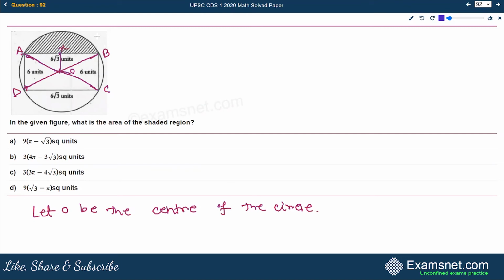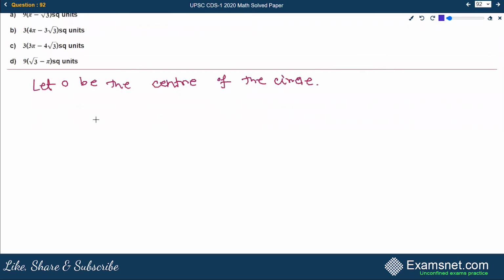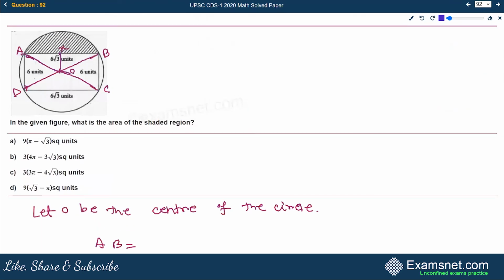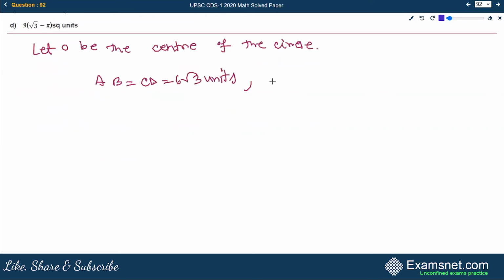Let's name it X. So here in the figure we are given that AB equals CD, that is 6√3 units, and also AD equals BC, that is 6 units.